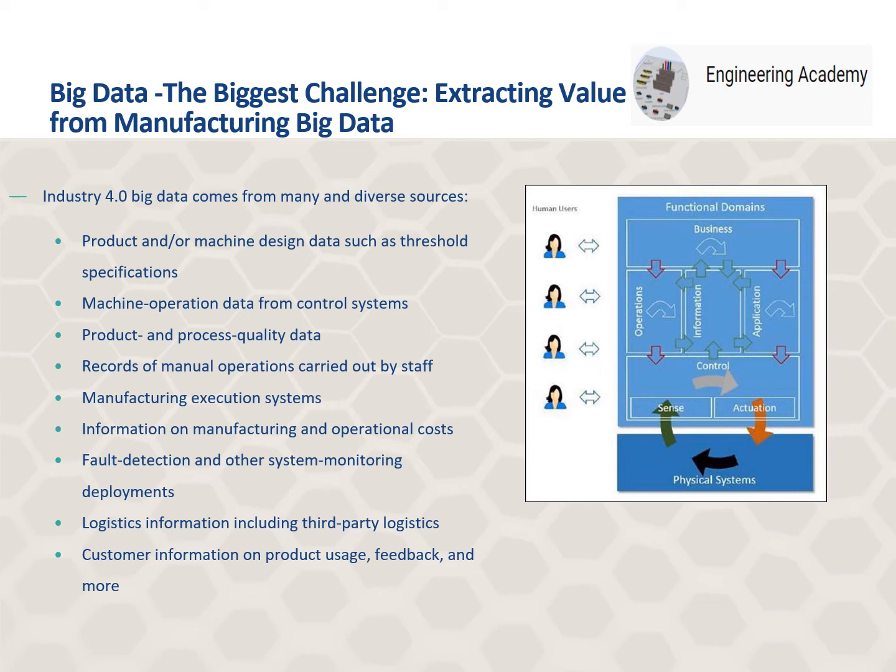So the biggest challenge is extracting the value from the manufacturing data. In industrialization, big data comes from many diverse sources. Where are we going to get all this information from?